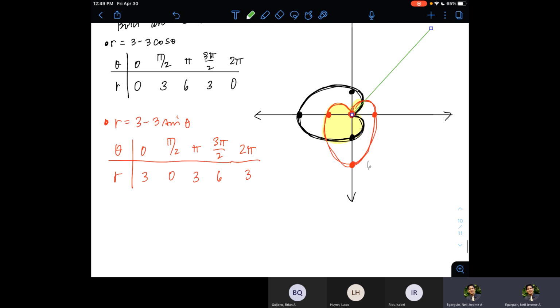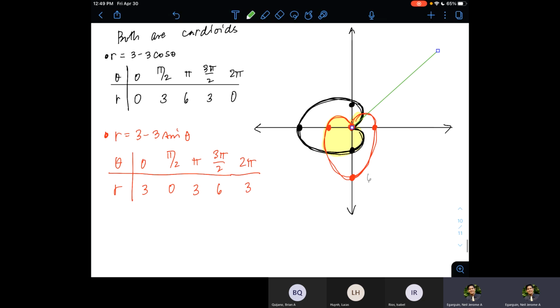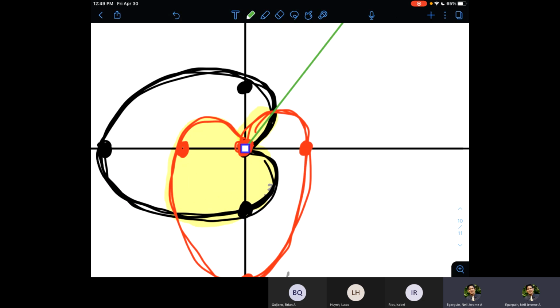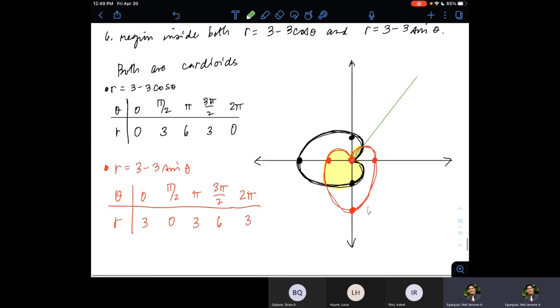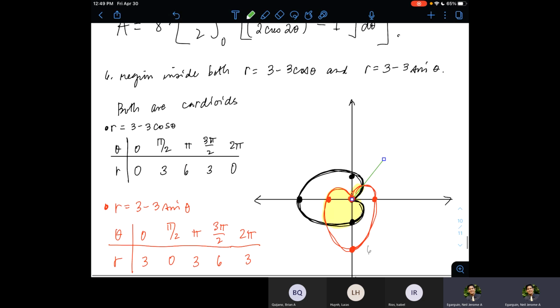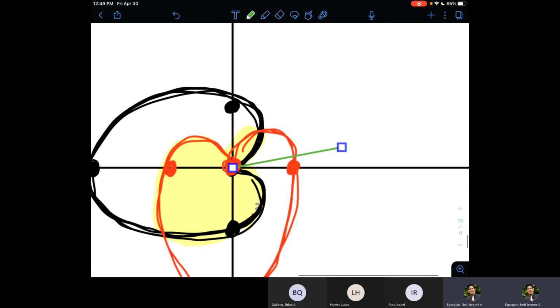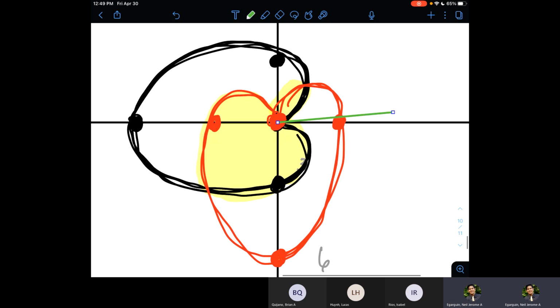So I'll start at theta equals 0. Okay, if I radiate this green ray, I see that from here until the point of intersection, I only have one radius, right? Maybe let's zoom in a little bit here. Oops, make this shorter. And then let's zoom in. Okay, right. So here's my testing region.